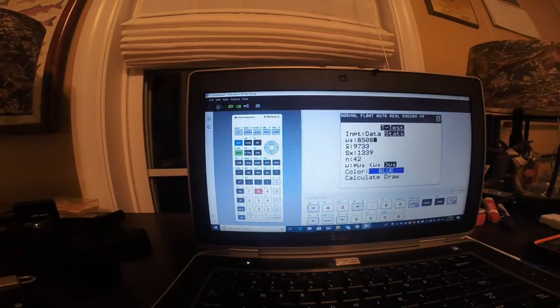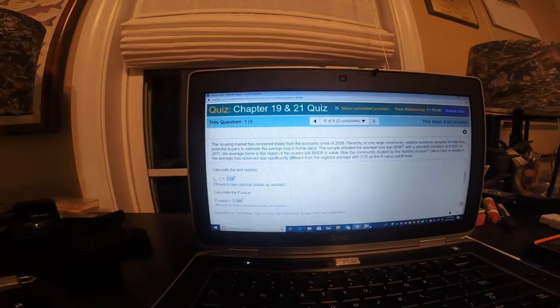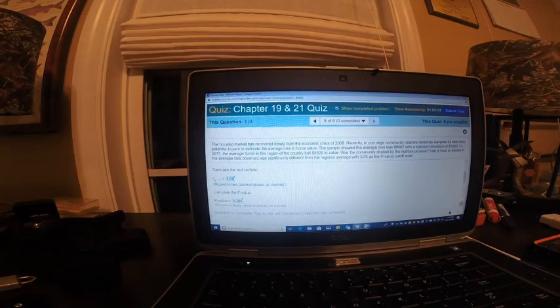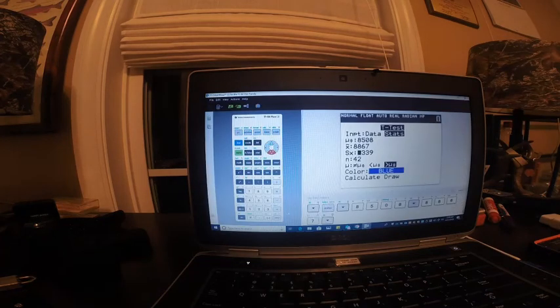There she is. Our sample mean showed the average loss was 8,867. There she is. Sample standard deviation that we found here was 1,922.